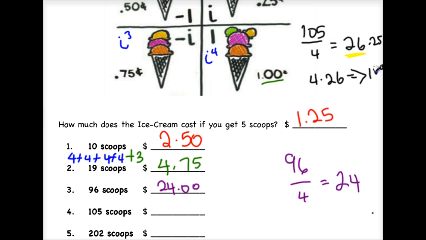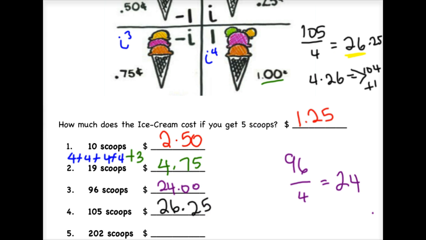Let me just write this a little better for you. 104. So 104, how can I get to 105? I know I have to add 1. So remember, this whole number that we highlighted, that's going to be my dollar amount, 26, and then I need one more scoop, which is 25 cents.